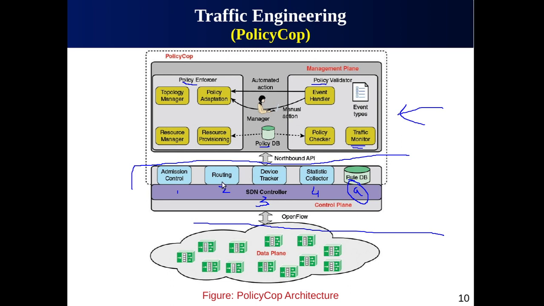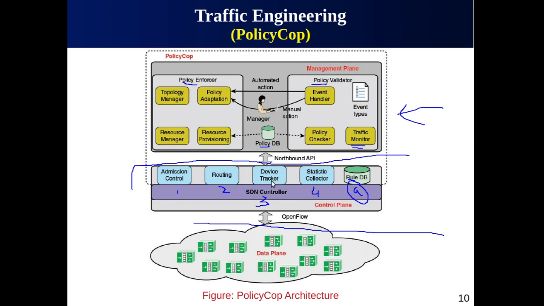We also have the routing module at the SDN control level, and as the name indicates, it will determine the available path based on the control rules that are available in the rule database, rules for forwarding.